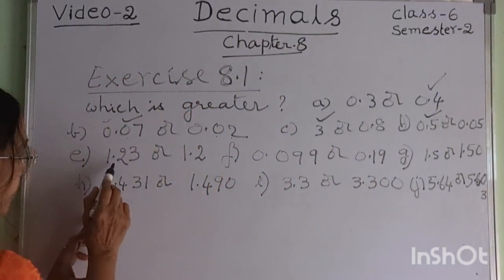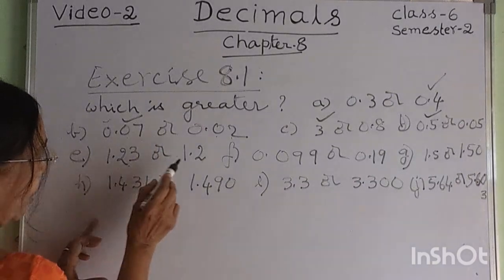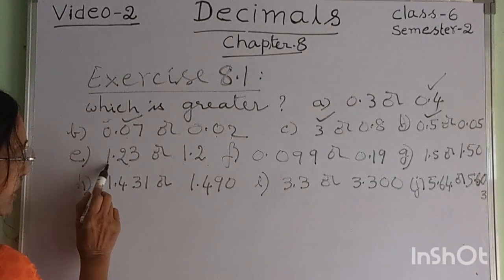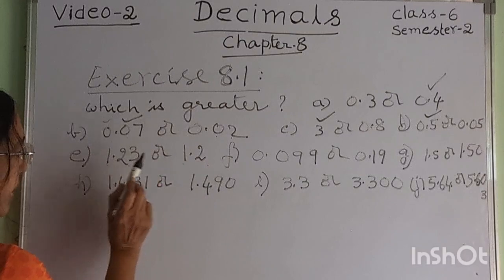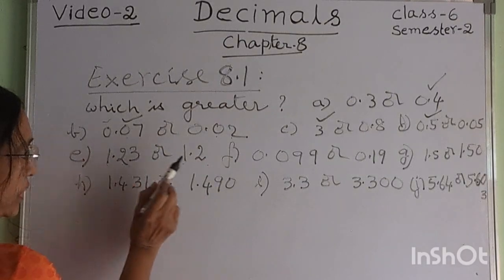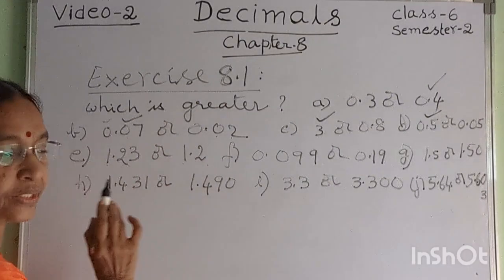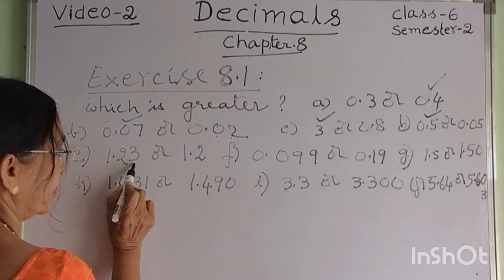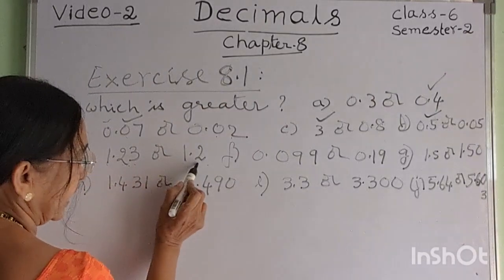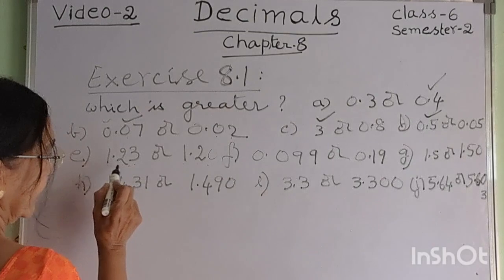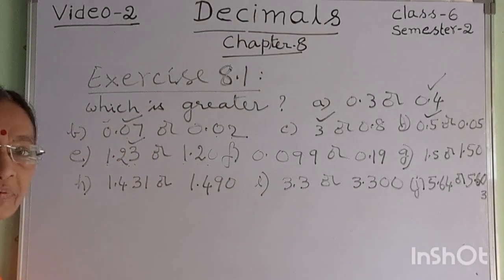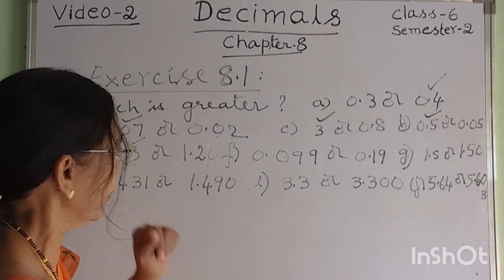Next, E, 1.23 or 1.2. Here in the ones place 1, here also 1. In the tenths place here 2, here also 2. So up to that they are equal. Next, in the hundredths place, here it is 3, here there is no number, meaning 0. Therefore 1.23 is greater than 1.2.